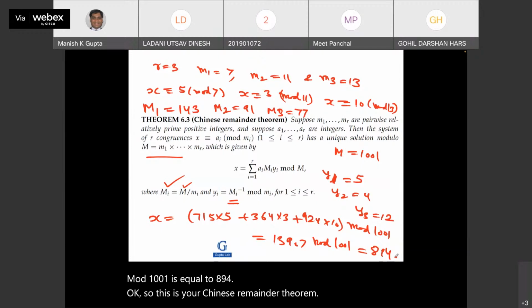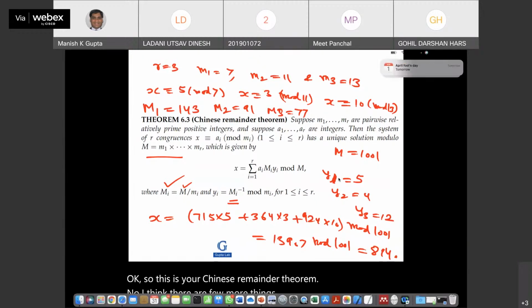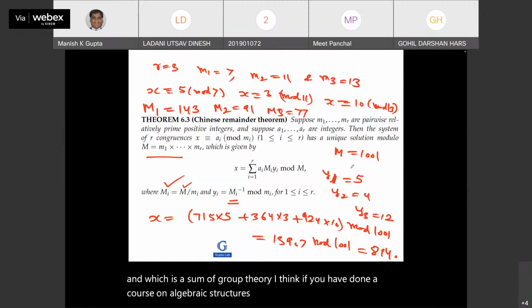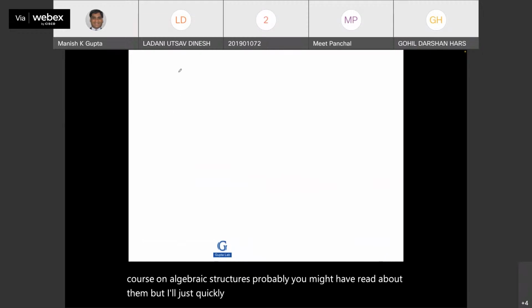Now I think there are a few more things that we would like to study, which is some group theory. If you have done a course on algebraic structures, you might have read about them, but I'll just quickly recap. So what is a group?